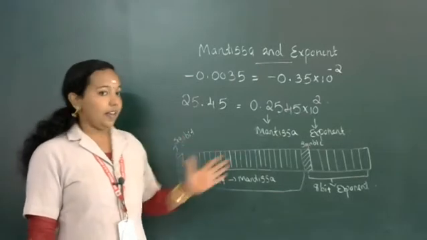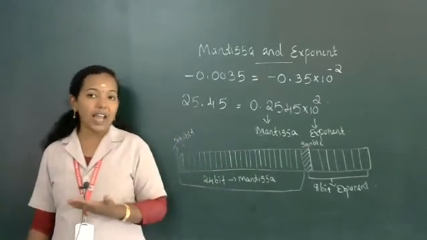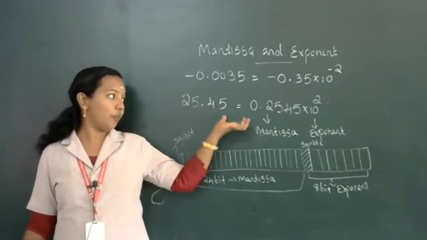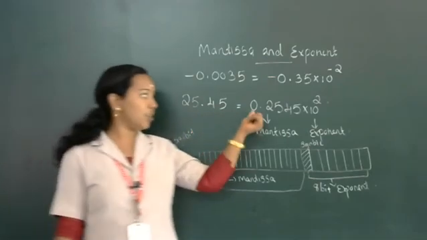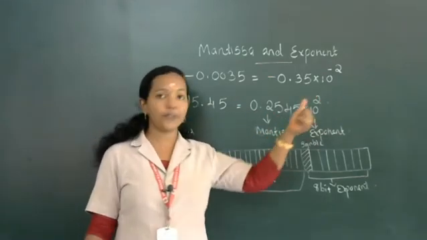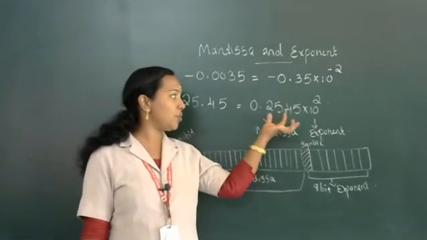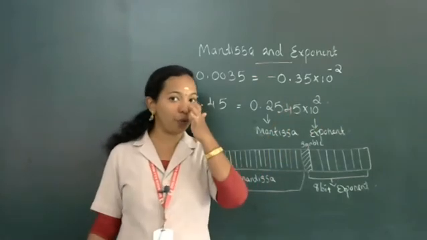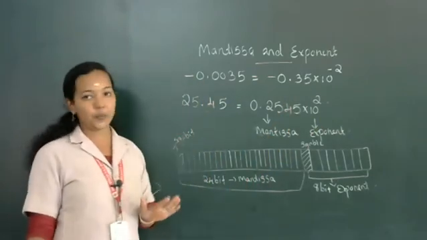Then, how are we converting a fractional number into exponent and mantissa? 25.45 we are converting into 0.2545 times 10 raised to 2. 0.2545 is known as the mantissa, and 2 in 10 raised to 2 is known as the exponent.